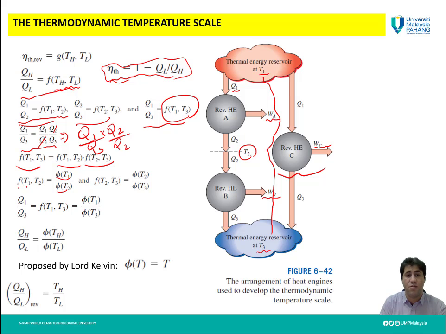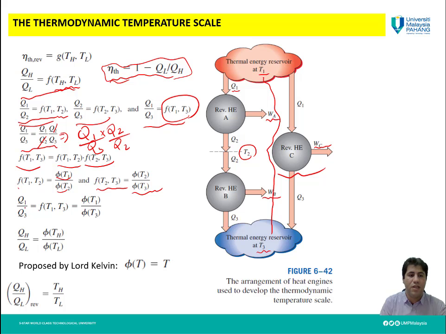So we can write F of T1 and T2 as phi T1 by phi T2, and for T2 and T3 we can also write this function. Phi is the arbitrary function which shows the relationship between T2 and T3, or T1 and T2, the temperatures of those two reservoirs. We imagine that this function is like this. This is just an arbitrary function.